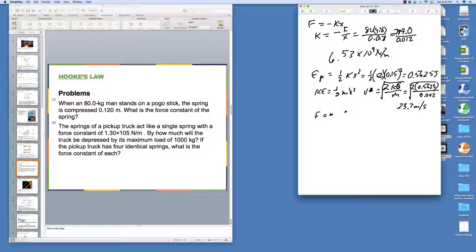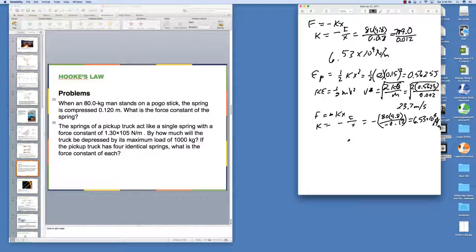You have F is equal to minus kx, so that k is equal to minus F over x is equal to minus 80 times 9.8 divided by minus 0.12, and this is a minus 0.12 because it's being compressed. If you do the math on this one, you get 6.53 times 10 to the third newtons per meter.